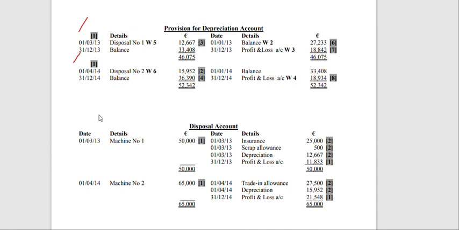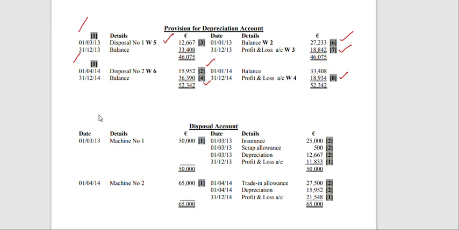Big marks here now for these depreciation figures. So your opening balance over here, your depreciation on the disposal of number 1, and then your profit and loss figure. Similarly, your disposal depreciation of number 2, your profit and loss balance is worth 8 marks in this case, and your balance is worth 4.